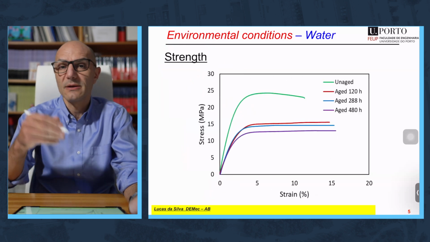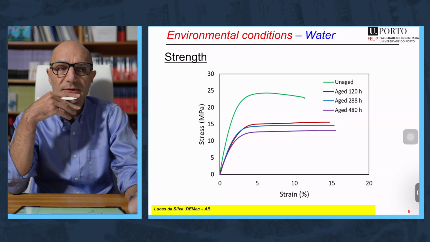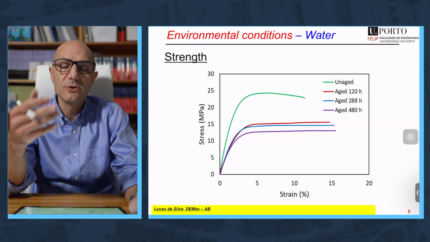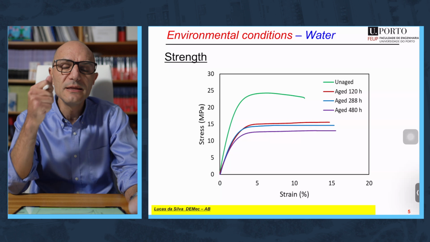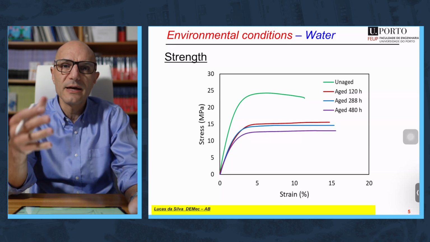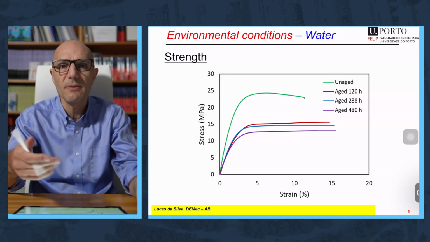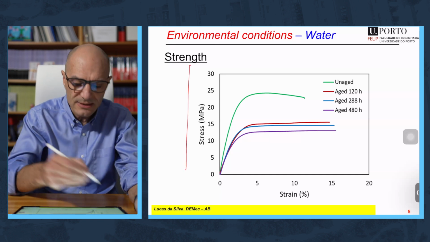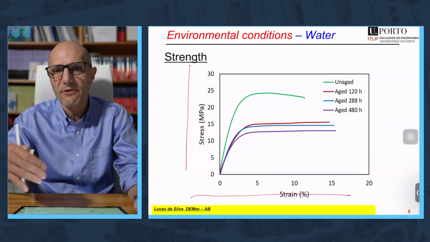Well, with this, you can already predict how fast the water will ingress, but what you also need is to understand how the water will affect the adhesive properties. So you need to do mechanical tests as a function of the amount of water in the adhesive. That's what is represented here. You have the stress versus strain for various periods of aging.